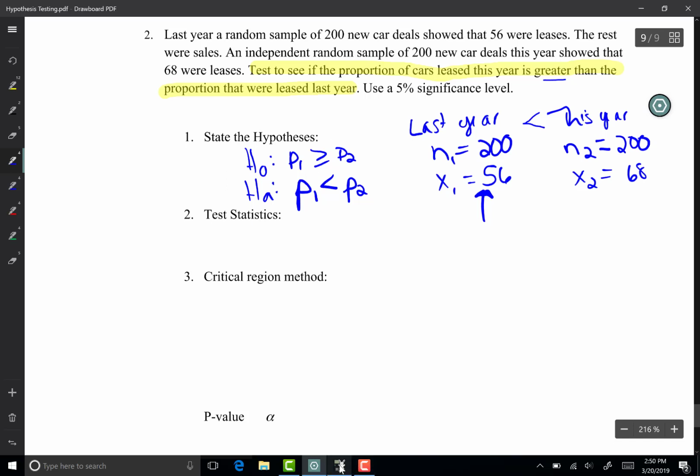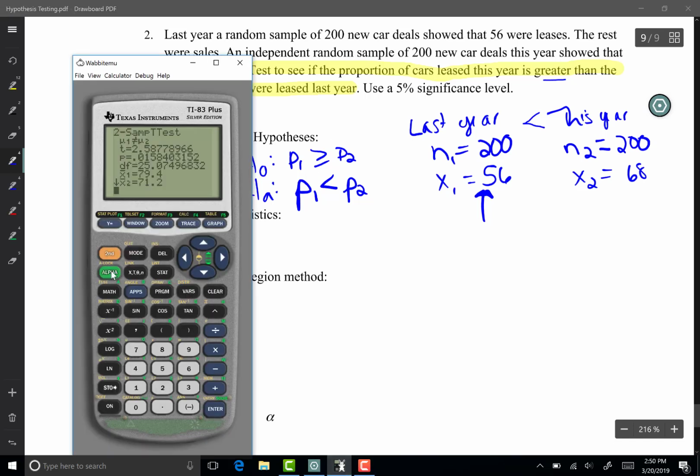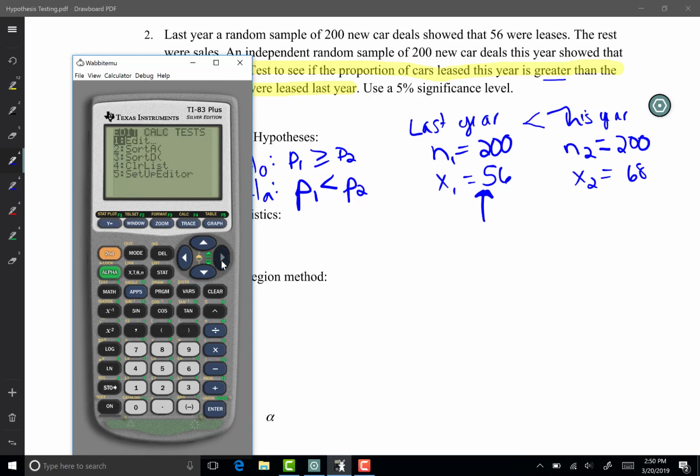My test statistic I'm going to get from the calculator. So I go to stat, test, 2-PropZTest because we're dealing with proportions. x1 is 56, n1 is 200, x2 is 68, n2 is 200.